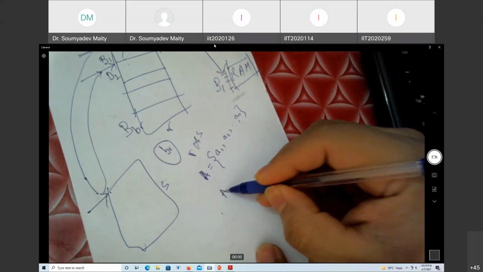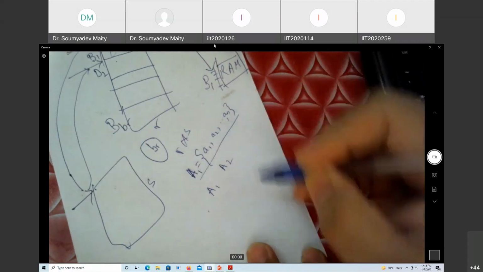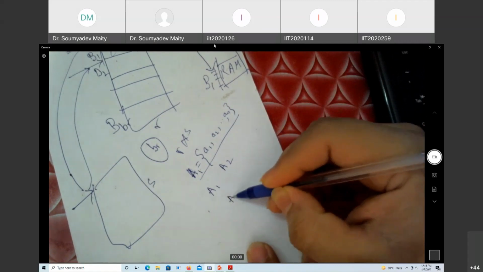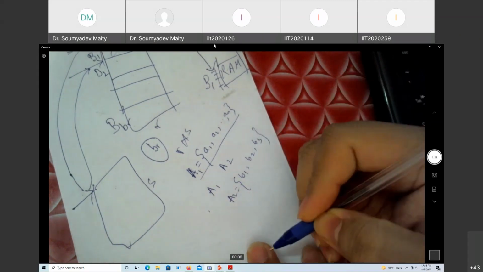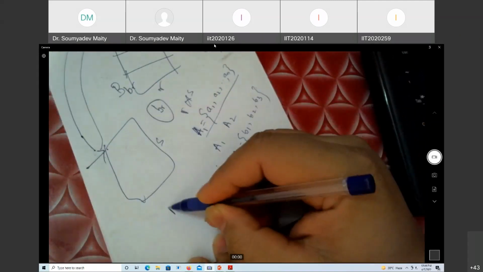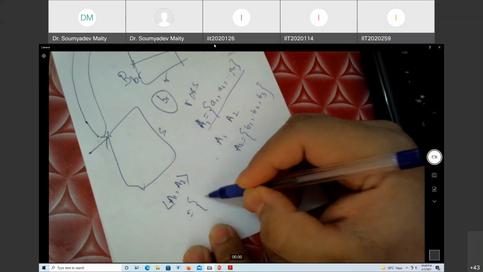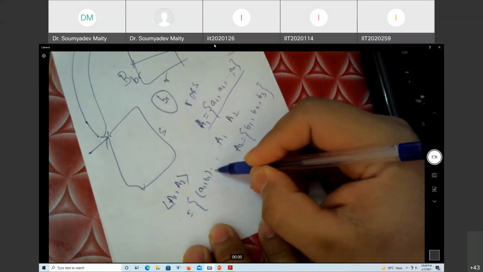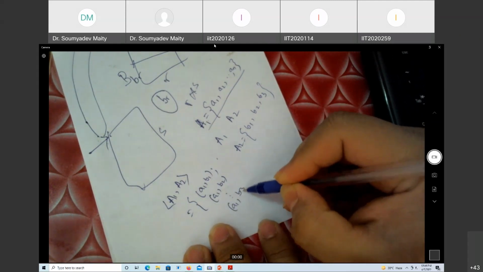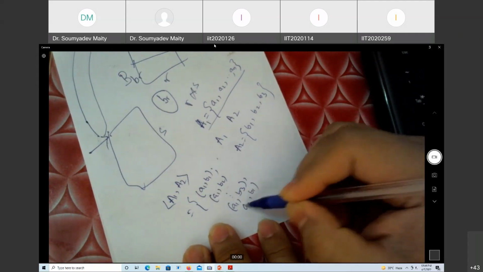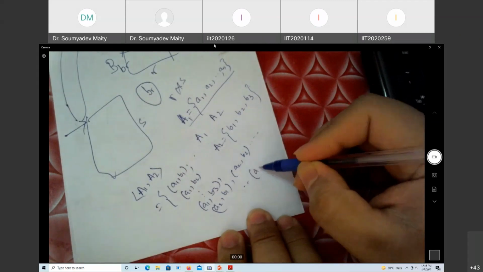But now if I have two attributes A1 and A2, and suppose A1 can have these values and A2 can have values B1, B2 and B3, then you can take the A1, A2 concatenation as an attribute which can have values (A1, B1), (A1, B2), (A1, B3), (A2, B1), (A2, B2), and so on, up to (AN, B3).